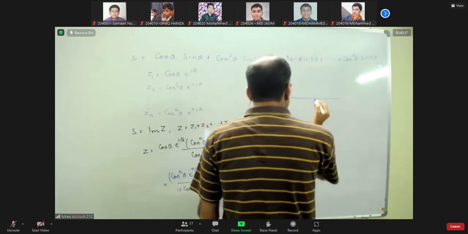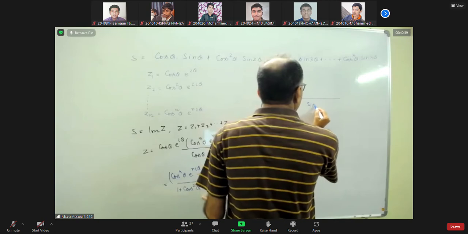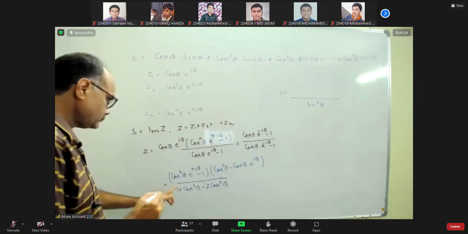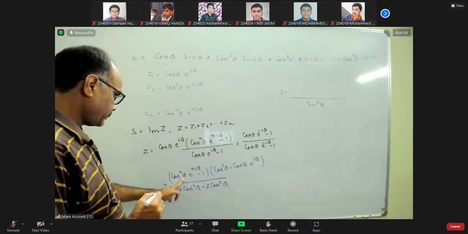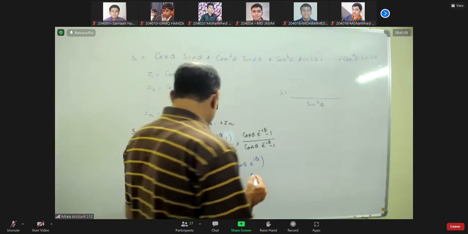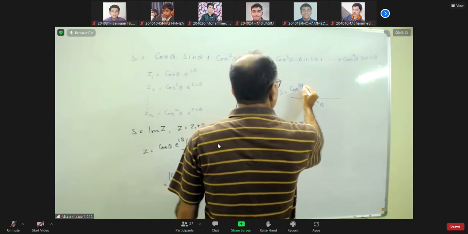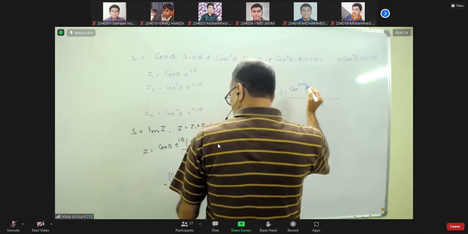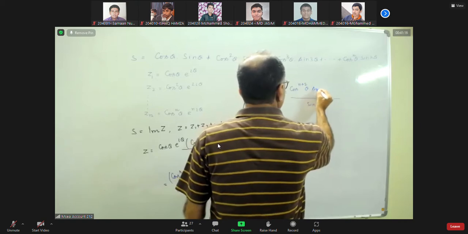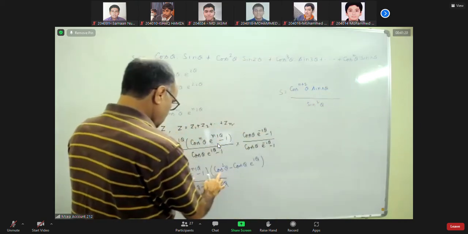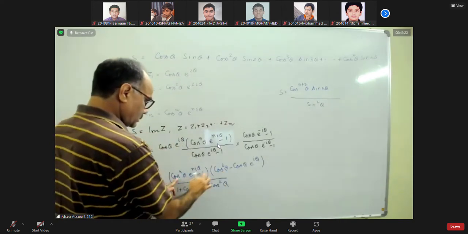Remainder part is sin square theta. Middle part cos n plus 2 theta into sin n theta. This into this into this over.